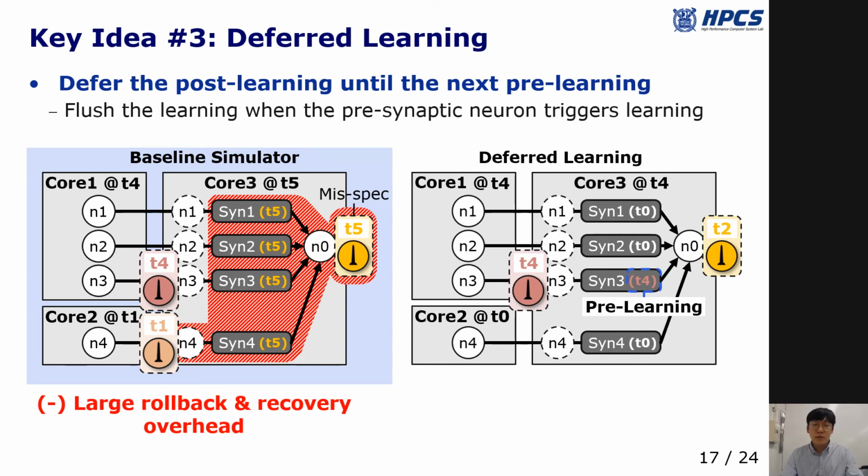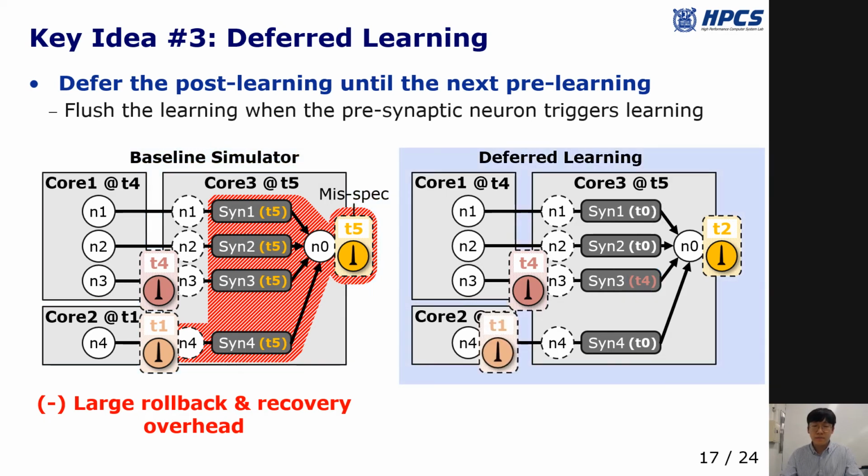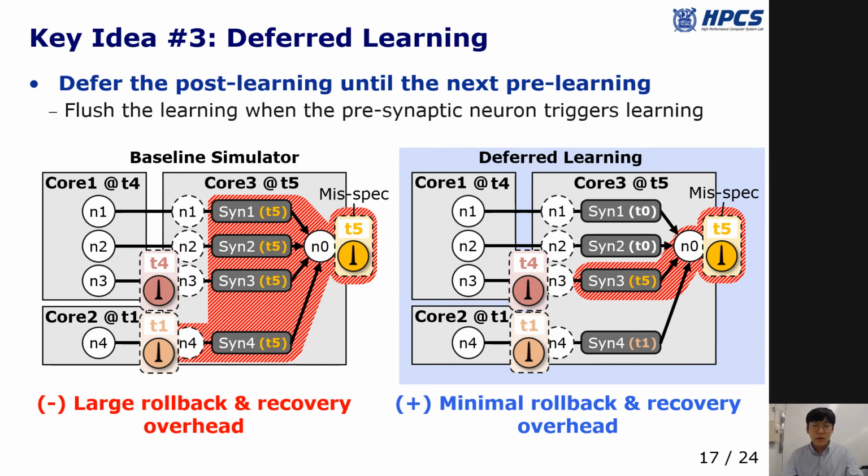In this case, the baseline simulator rolls back and recovers all the fan-in synapses because the post-learning has updated all the fan-in synapses using the misspeculated spike. However, if the simulator defers post-learning, things are different. The core rolls back and recovers only the fan-in synapses which have flushed the deferred post-learning. So in this case, only synapse 3 undergoes rollback and recovery. Therefore, it greatly reduces the overhead.